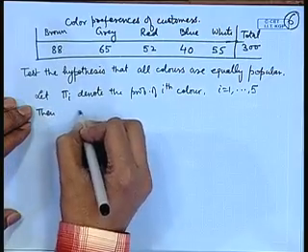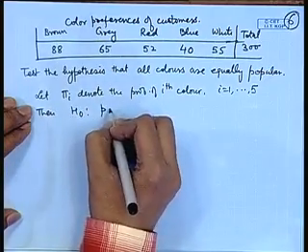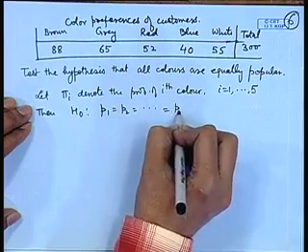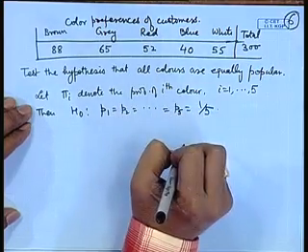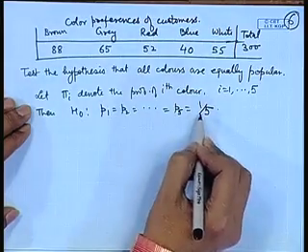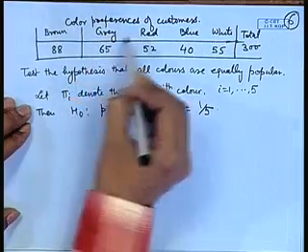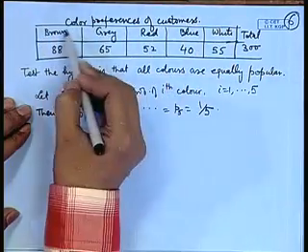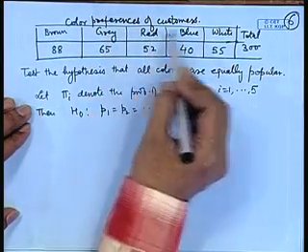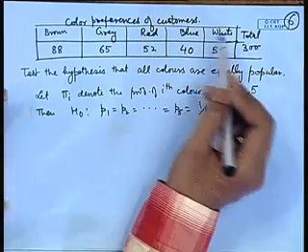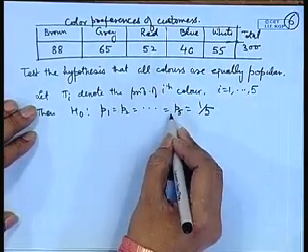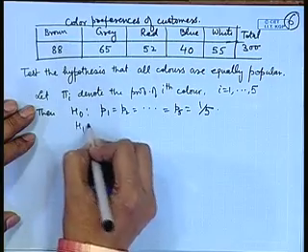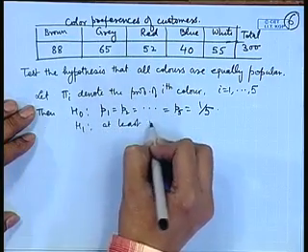Then we want to test that each of the pi I is 1 by 5. Now, based on this assumption, here basically the cell or interval is actually the type here. So, brown is one type, gray is another type, red is another type, blue is another type, white is another type. So, this is again a multinomial situation, and here we are assuming the probabilities to be same in the null hypothesis. H 1 is that at least one inequality.